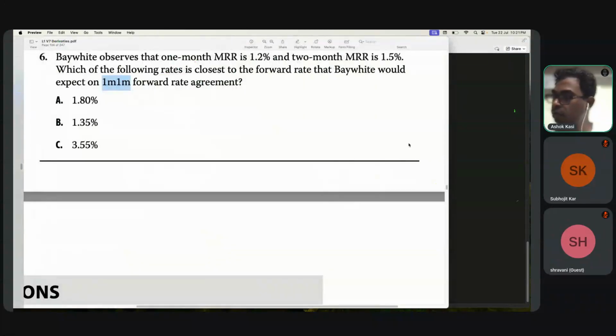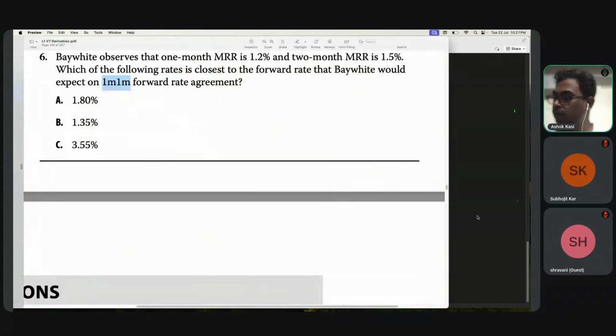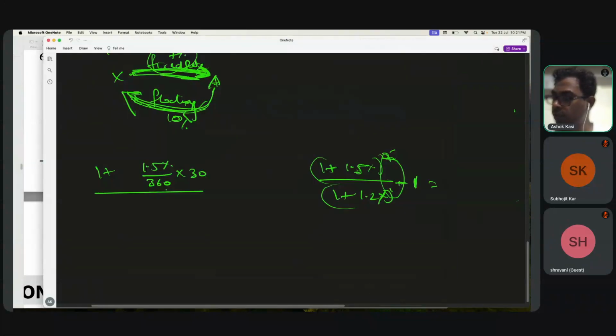So how you should do is 1 plus 1.5 percentage is for 360 days. I will convert it into 1 month, that means 30 days, divided by 1.2 percentage divided by 360 into 30. Just calculate this. First you calculate this part, then you do plus 1, then you store it. Then you calculate this part, then you do plus 1, then you store it.